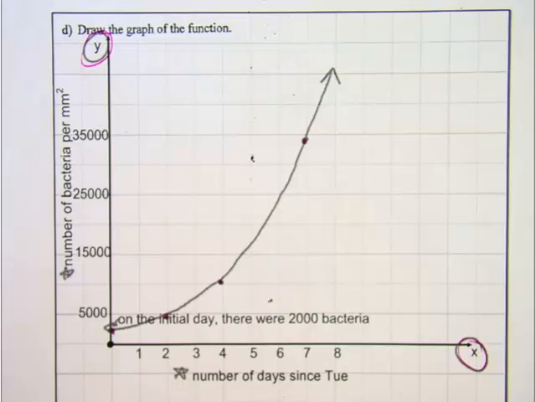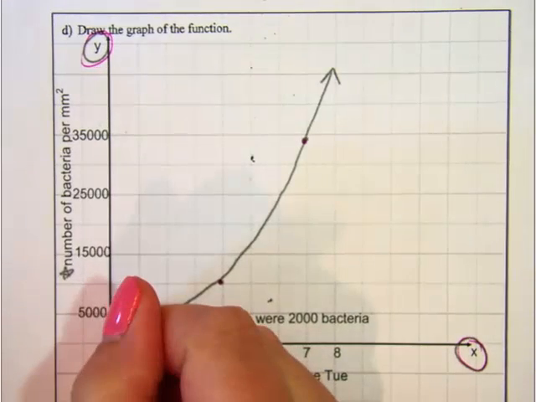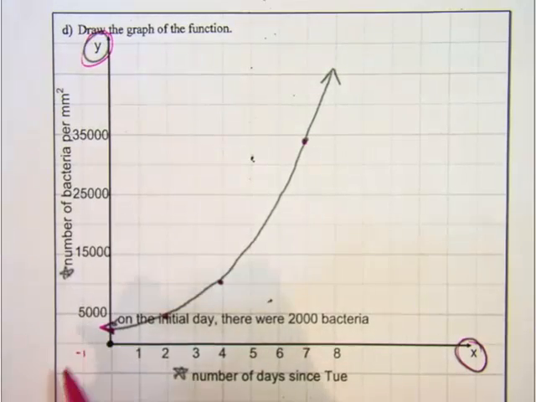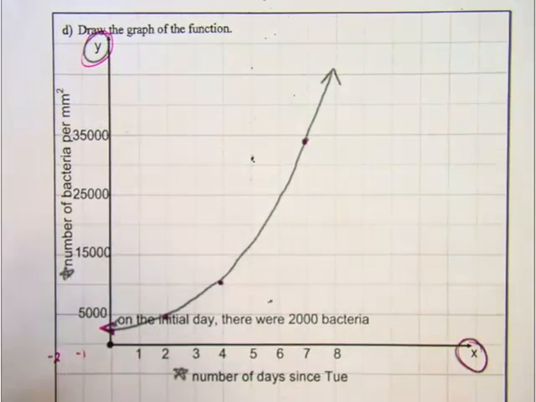Now, if you notice with this graph, I do also have an arrow going in that direction. Because we did not say we started the culture on Tuesday with that many bacteria. We just said on Tuesday we had that much bacteria. So we could have started it possibly Monday, which means I could go back here to -1, maybe Sunday.